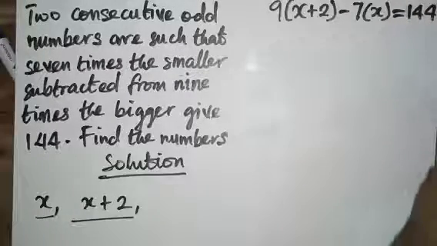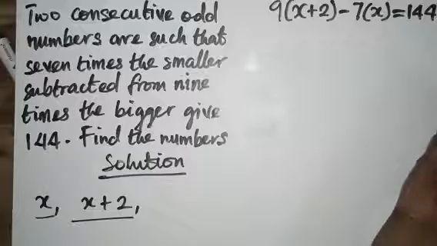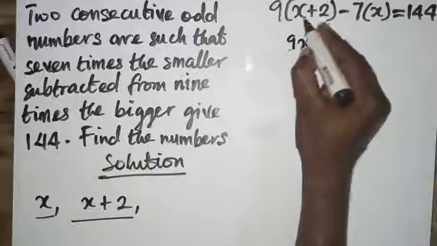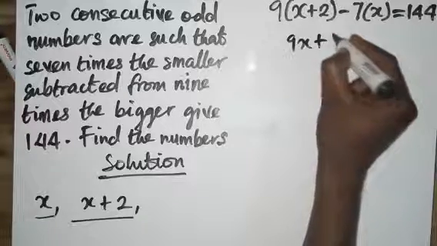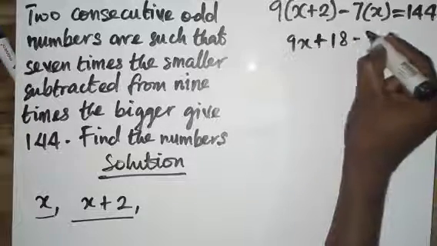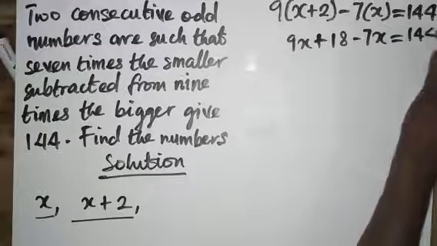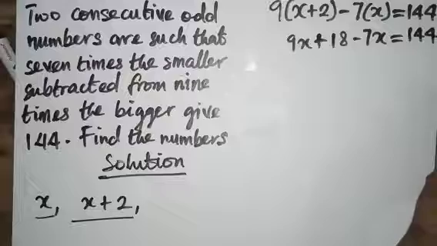So we have to get the numbers. 9 times x will give me 9x, then 9 times 2 will give me 18, minus 7x equals 144. Let's group like terms.